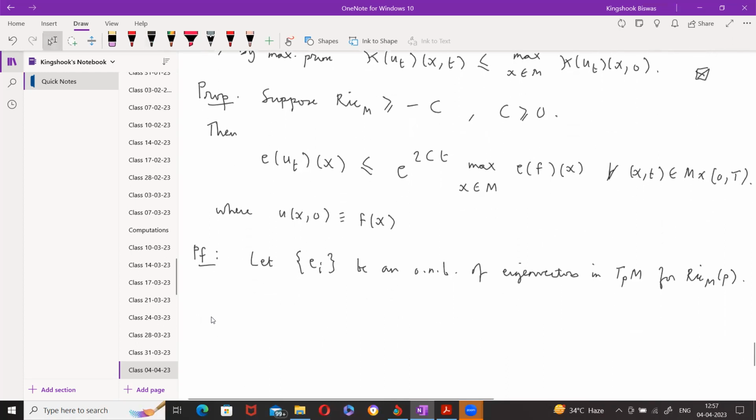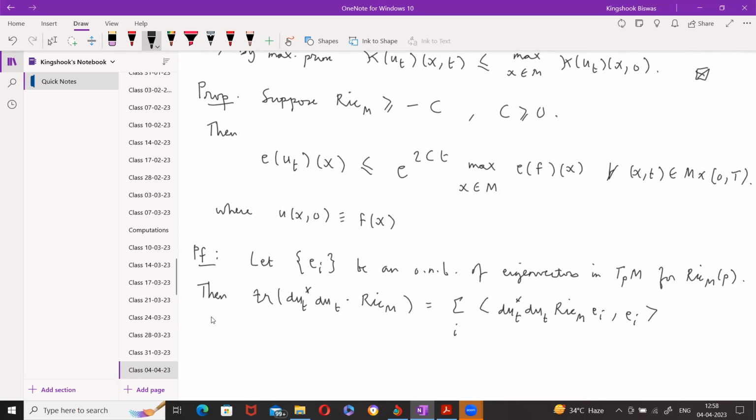Then we had this one term in the Bochner-Weitzenböck formula that was the trace of du_t star du_t into Ricci of M, right? So this was the sum over i of the inner product of du_t star du_t Ricci M of e_i with e_i.